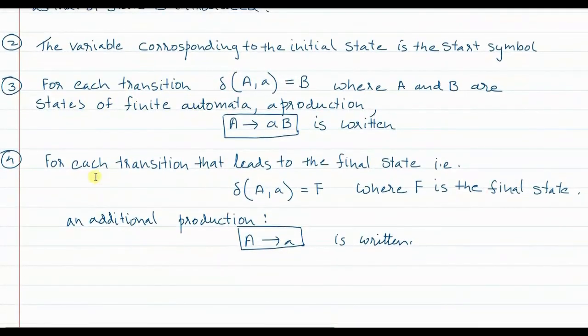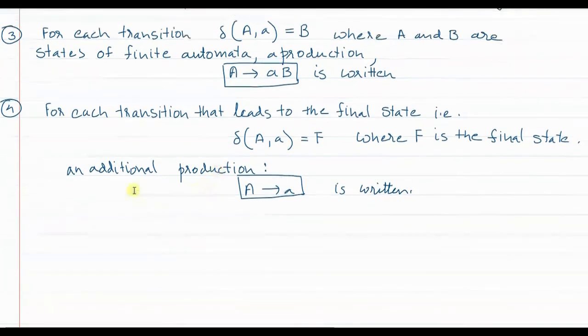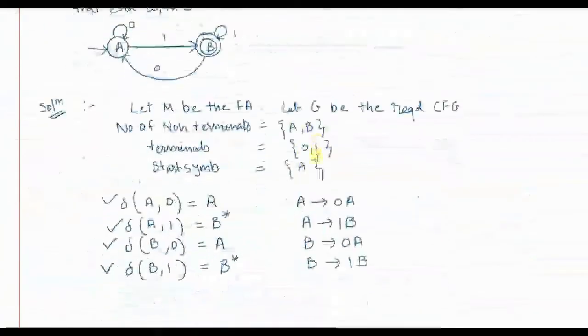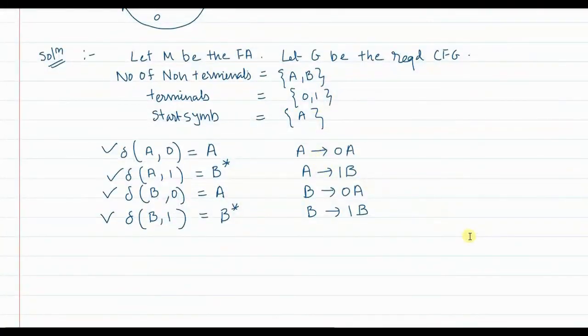So far we have applied the formula for step number 3. Now step number 4 tells you, for each transition that leads to the final state, that means from a particular state on reading an input, suppose it goes to the final state, then for that transition you will have an additional production of the type A gives a, and you don't have to write the final state. Now are there any such transitions here? Yes.